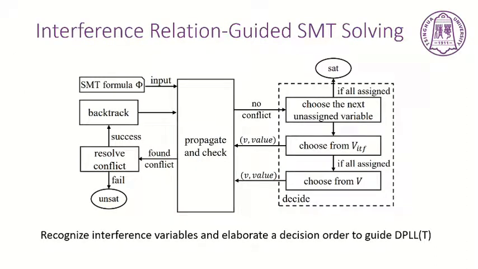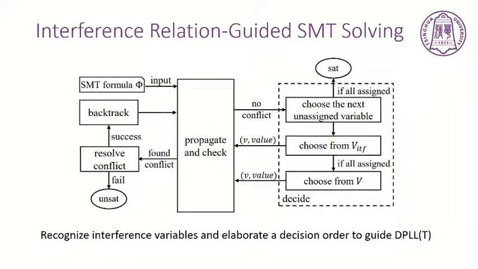So here is our interference relation guided SMT solving framework. First, for the input SMT formula, the SMT solver performs propagation and checks whether there is a conflict in the current formula. If there is no conflict, it will choose the next unassigned variable and continue the constraint solving to check whether the current formula is satisfiable or not. So we convey the decision order generated using our heuristics to the SMT solver.